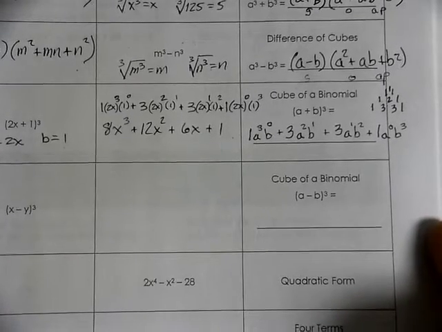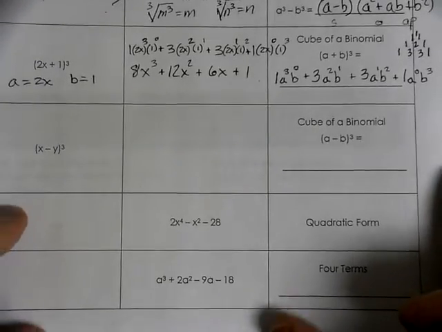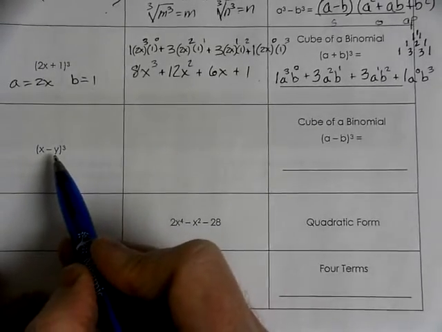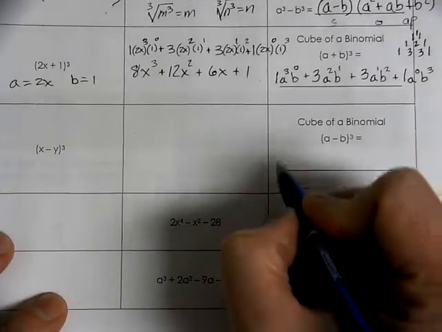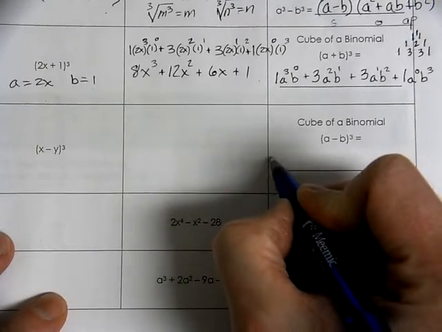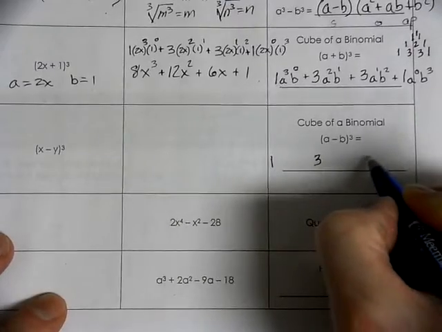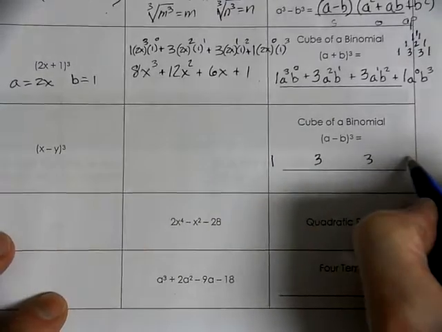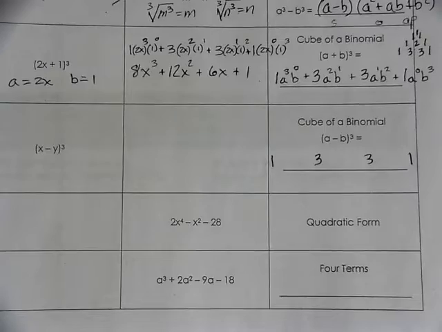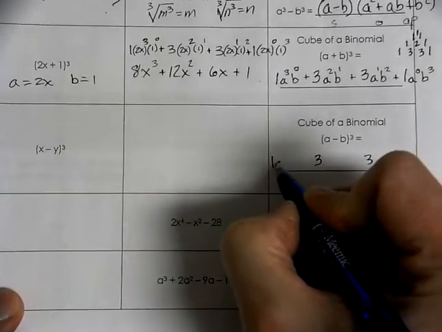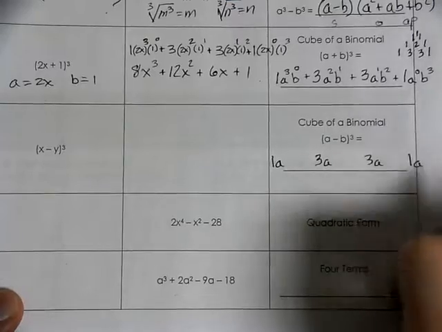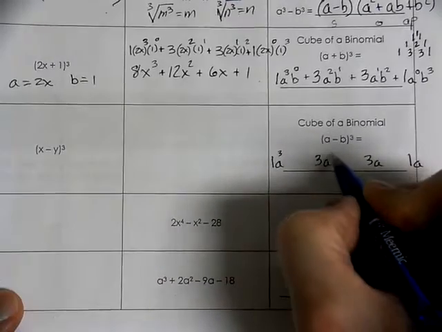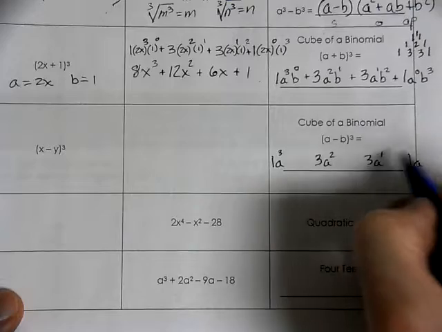We're going to have the same idea when we come down here and work with the negative. We'll still start out with 1, 3, 3, and 1. We'll still put our A term next to it with the descending order of exponent.